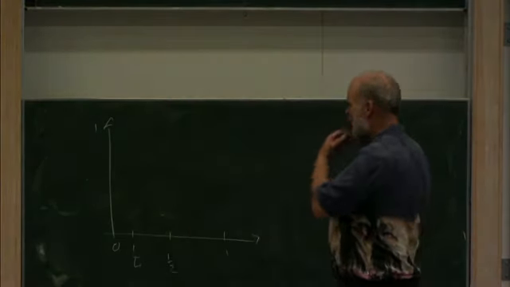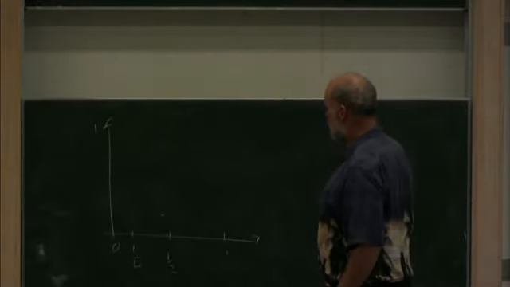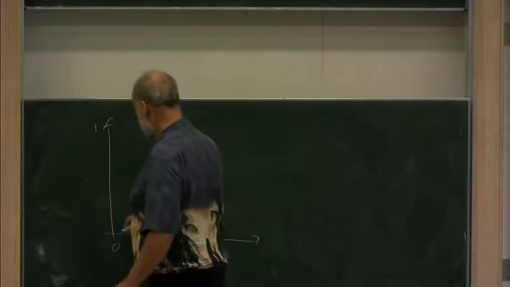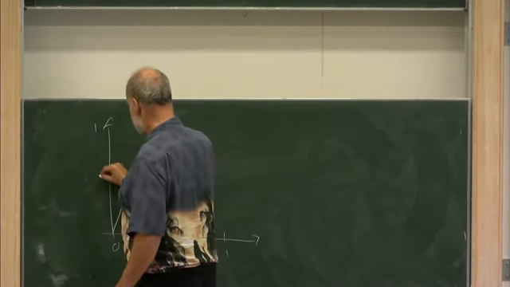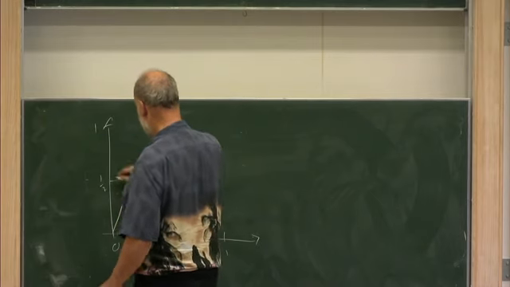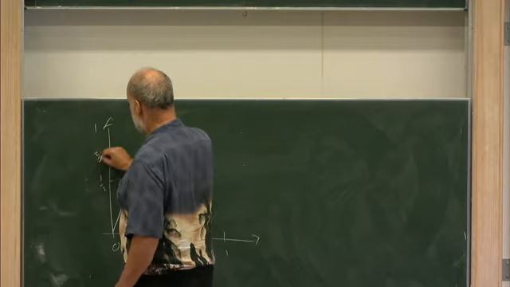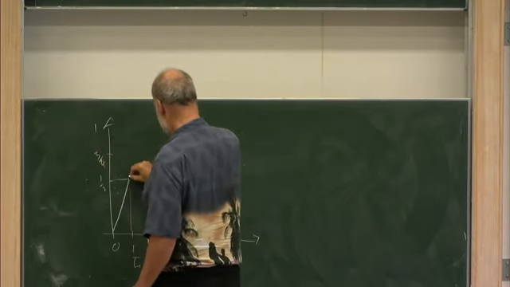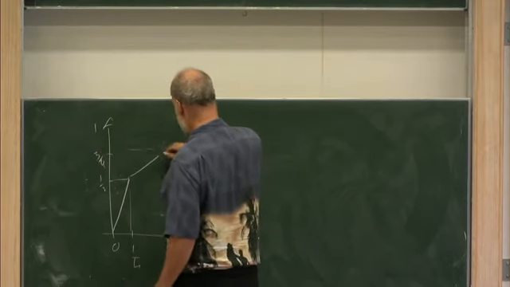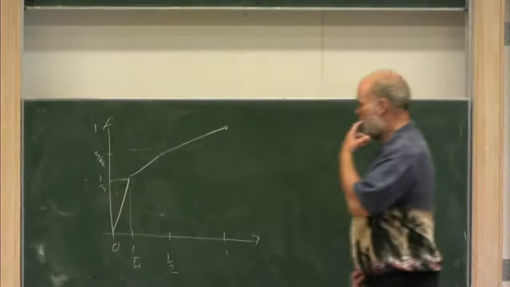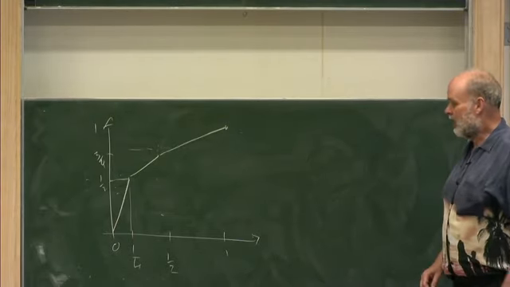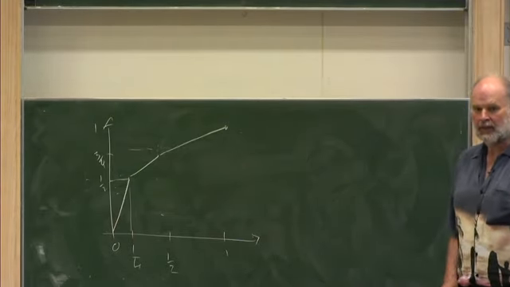We could send a quarter, between 0 and a quarter, we could give it a slope of 2. So this would get us up to 1/2. Between 1/4 and 1/2, we could give it a slope of 1 exactly, which would get us over here. And then between 1/2 and 1, we give it a slope of 1/2. So there's the graph of a function which is manifestly in the Thompson group.